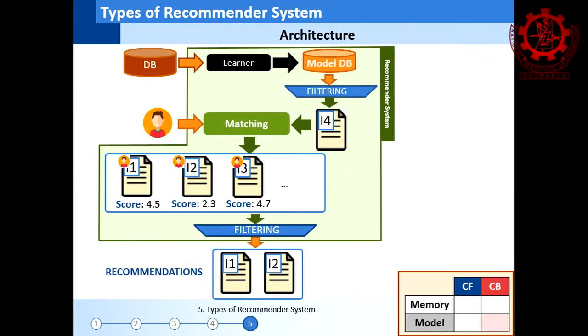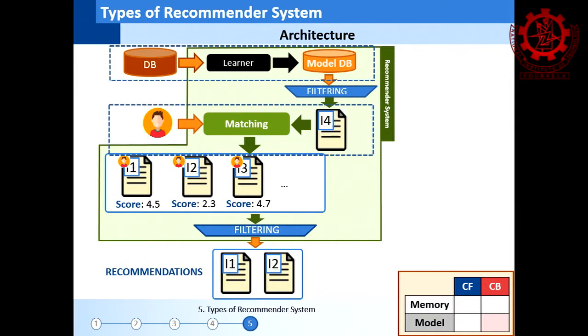And we have here this architecture. As you can see, we have a process like the previous one. We have a learner process in which we have two databases. One is related to the model we are going to build.